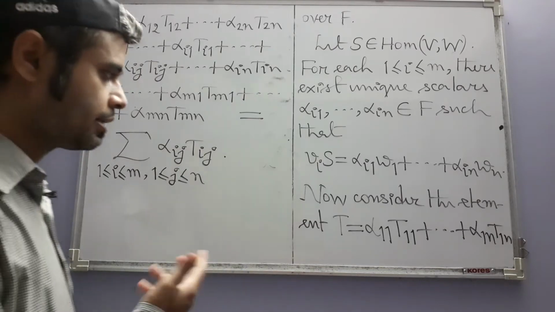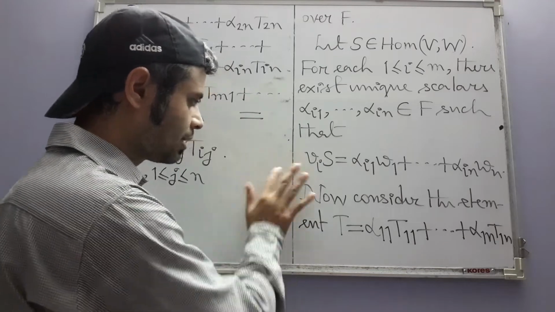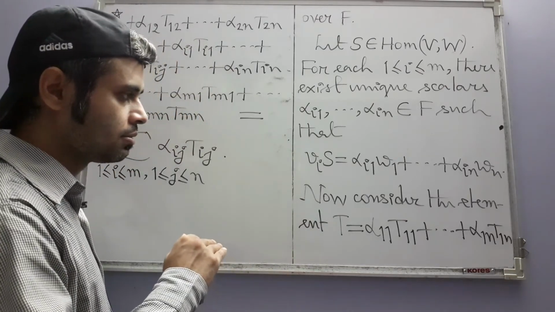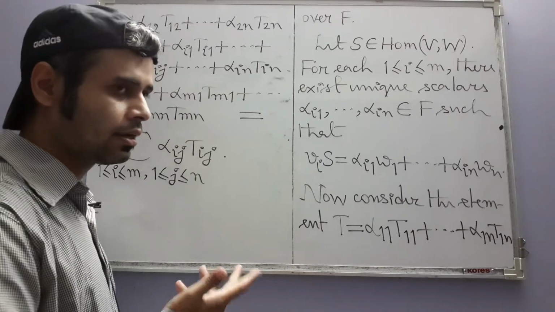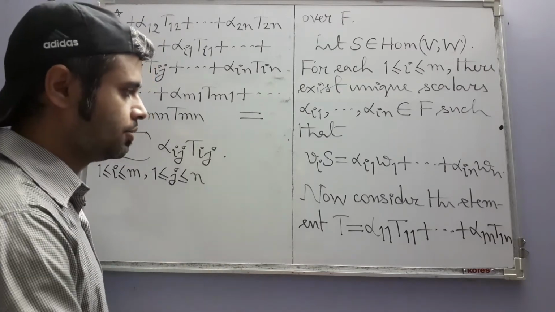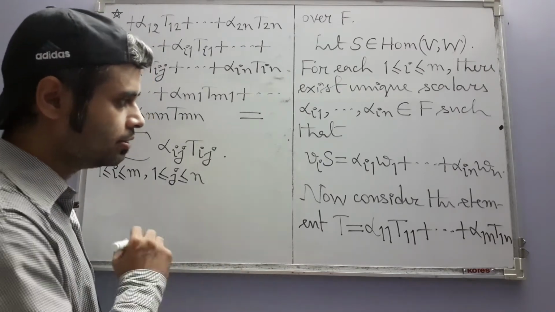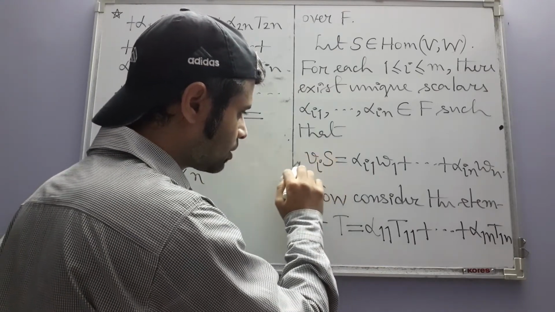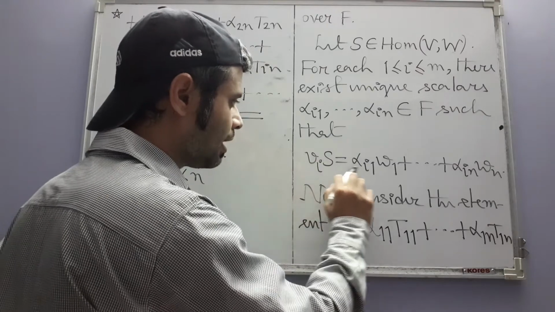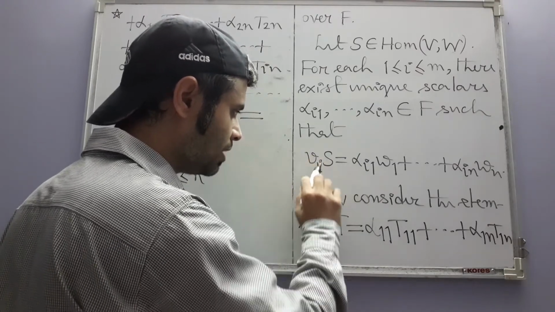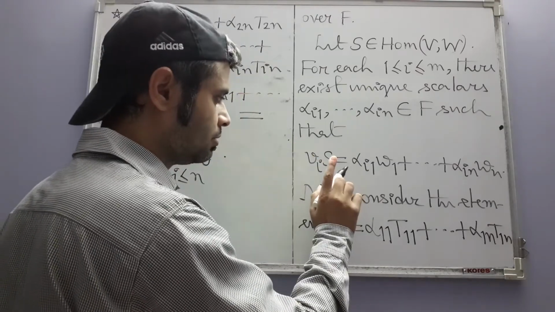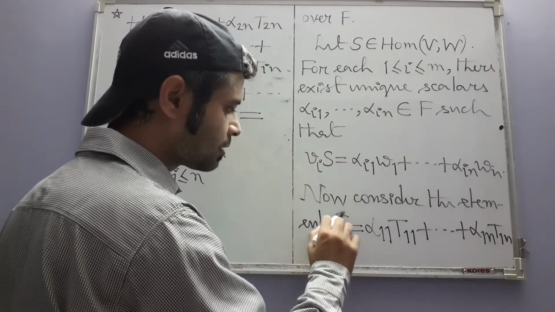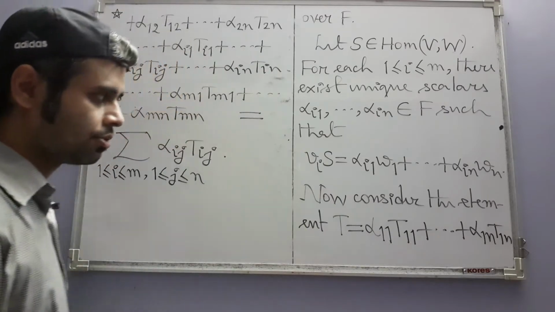Now to show that S is equal to T, of course, because they are functions, we just have to show that they give us identical outputs for the same input. And since the outputs for S are already available on the basis vectors for V, it's enough to look at the effect of T on these basis vectors only.